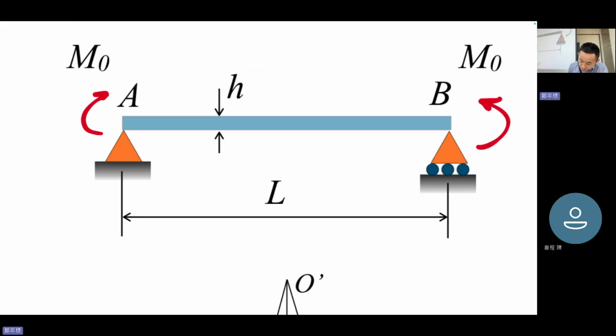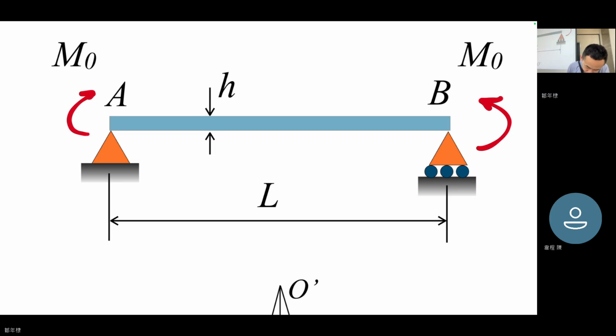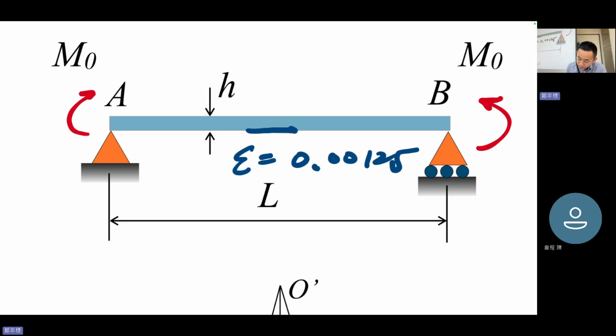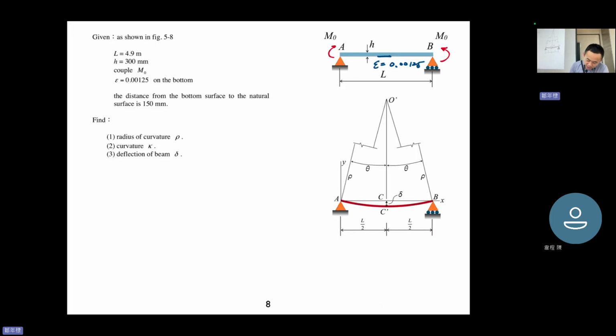Epsilon on the bottom is 0.00125. And the distance from the bottom surface to the neutral axis is 150 millimeter.